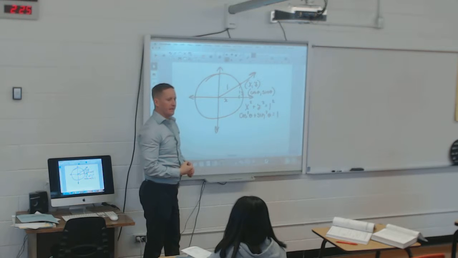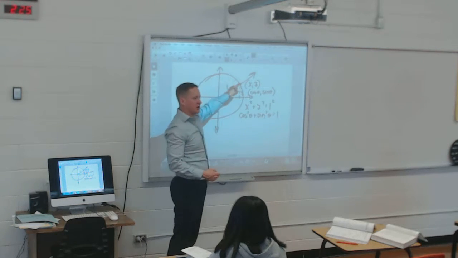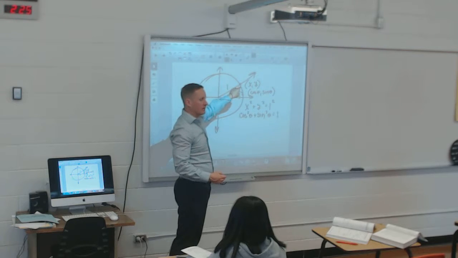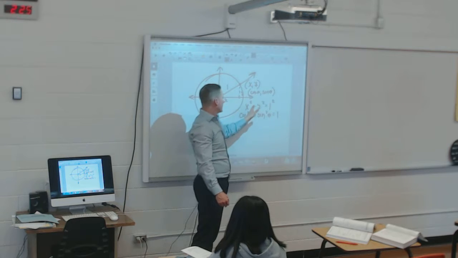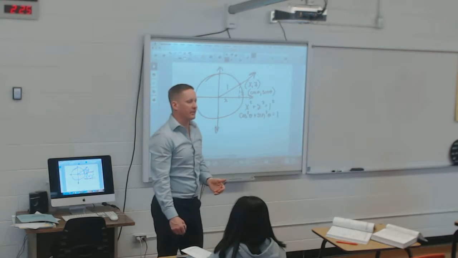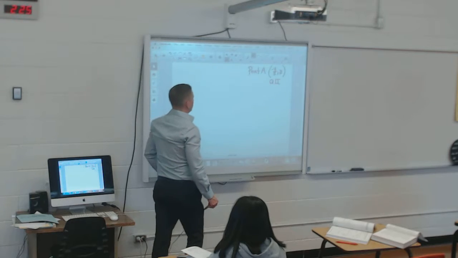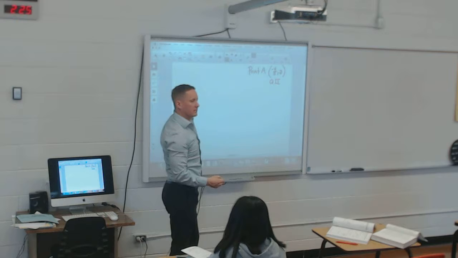So if I take any coordinate on this circle, I can use Pythagoras' theorem, x squared plus y squared equals 1 squared, to find out what the other value is.